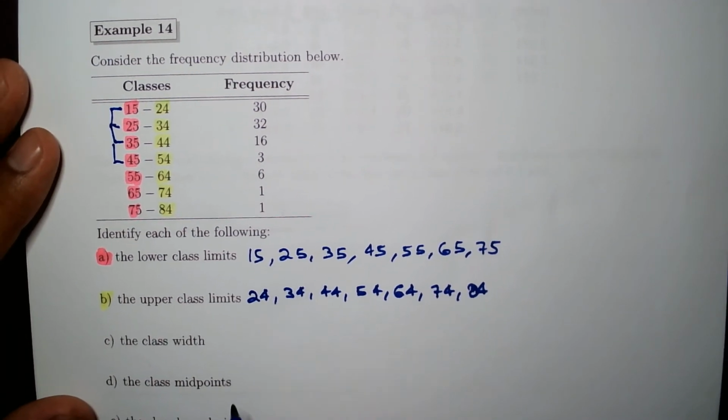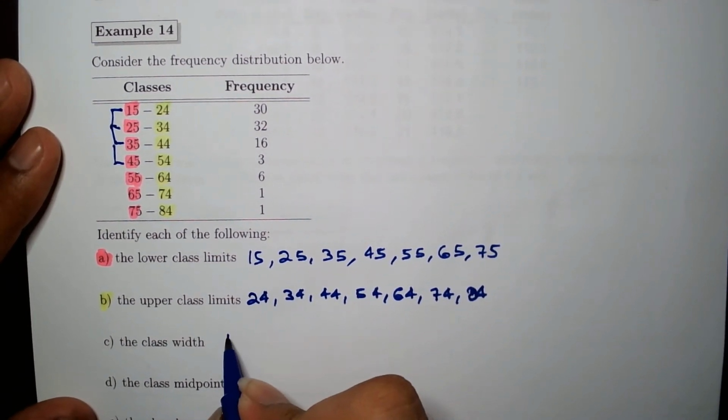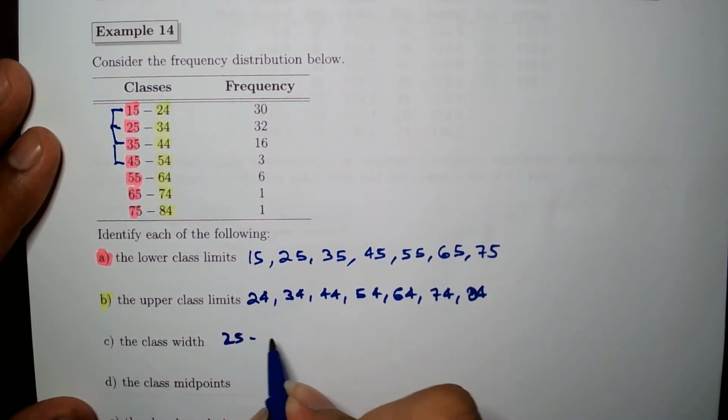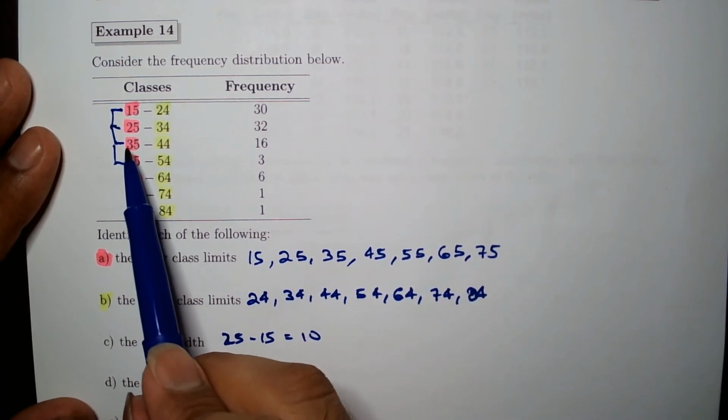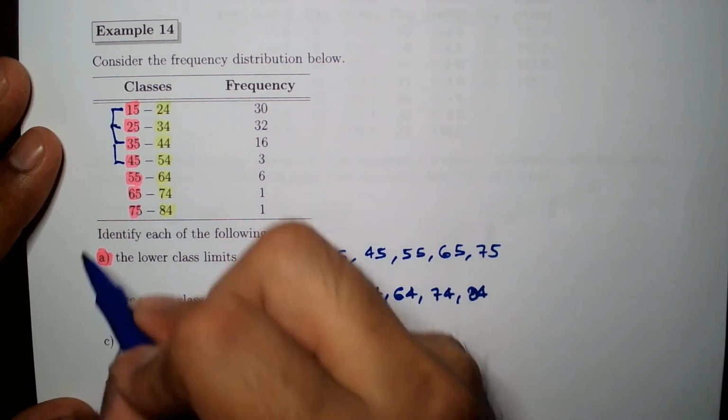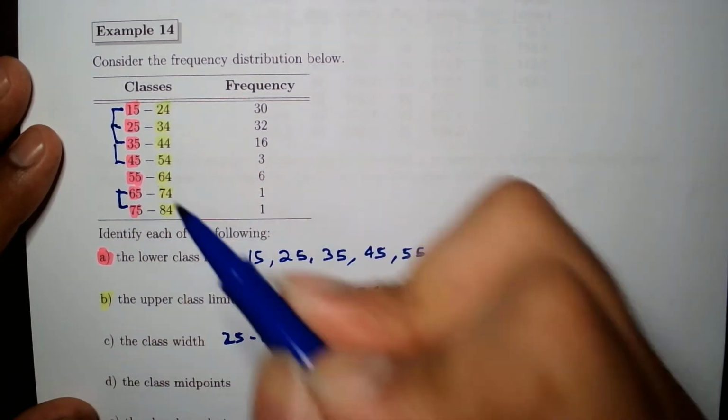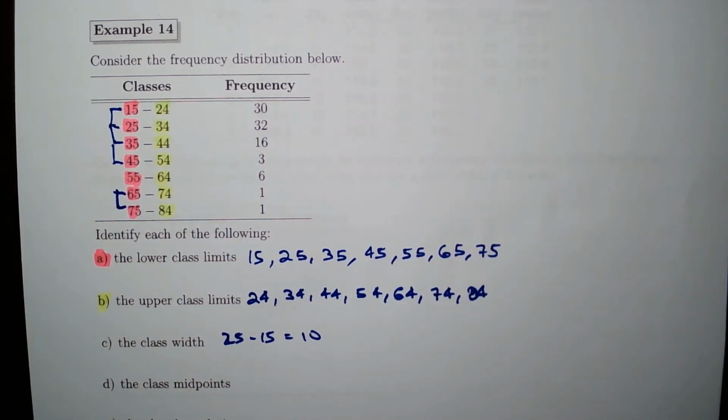So I'm going to use 25 minus 15, that's a 10. Or you could have used 35 minus 25, or even 75 minus 65. Either one you choose is fine. You should get the same value for each.